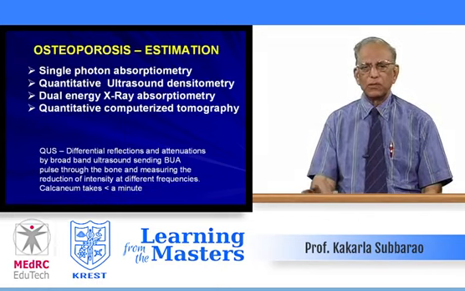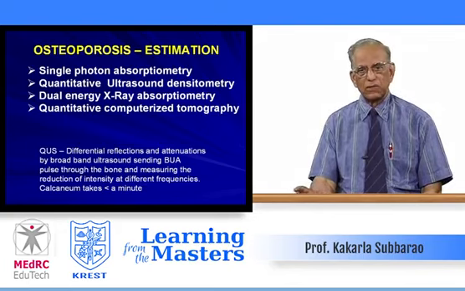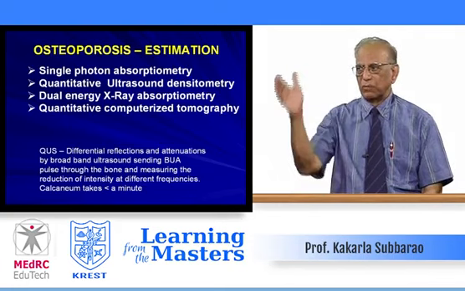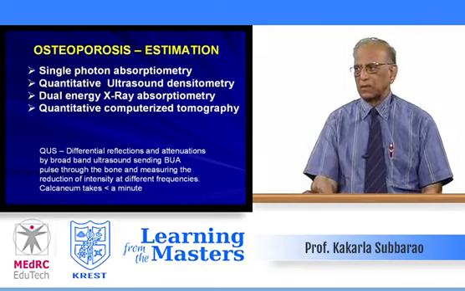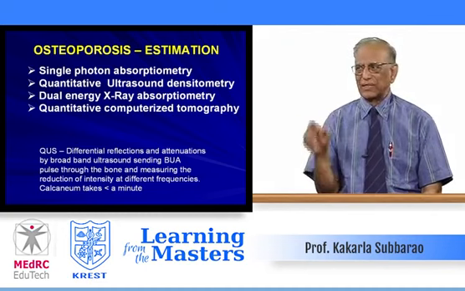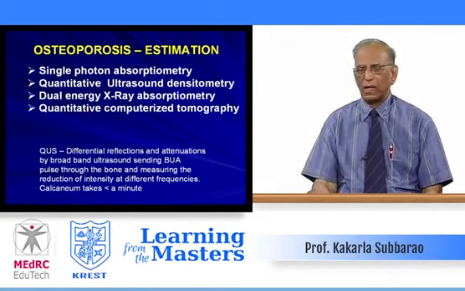How do you estimate osteoporosis? In order to diagnose and for prognosis after therapy, we have to estimate osteoporosis. Again, to repeat, the same methods can be used. But dual energy X-ray absorptiometry, DXA, is popular. And quantification by ultrasound is also done.